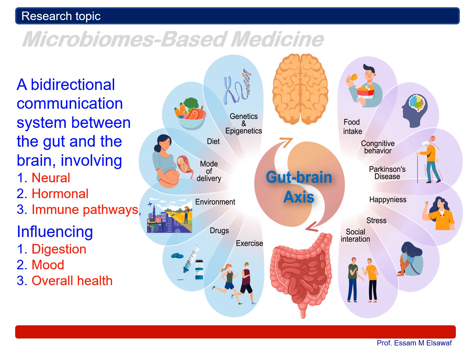It means there is an axis between gut and brain. The gut-brain axis refers to bidirectional communication, and take care here, it's bidirectional. It's not only one directional. It's one direction from the gut to the brain and from the brain to the gut.